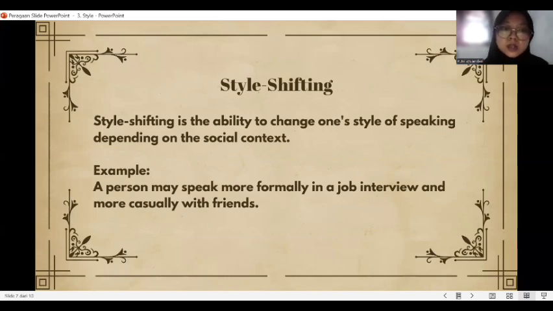For example, a person may speak more formally in a job interview and more casually with friends. Another example is a student who may say, "Good afternoon, sir," to a teacher. It's a consultative style, but with a classmate, "Yo, dude," is used, a casual style.